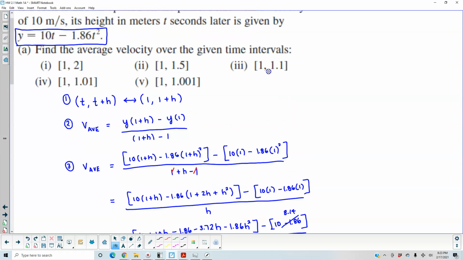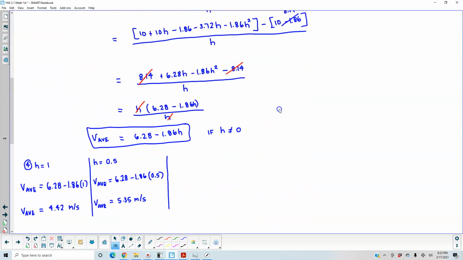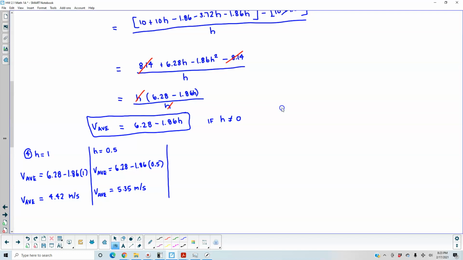Okay, next, number 3, we have 0.1 for h. So when h is equal to 0.1, again, the average velocity is equal to 6.28 minus 1.86 times 0.1. And therefore, the average velocity is 6.094 meters per second.